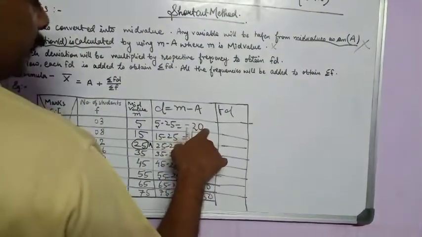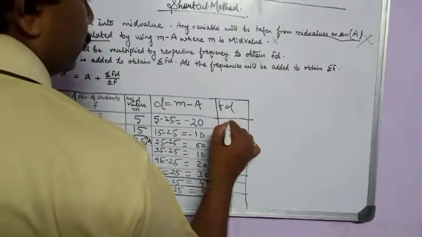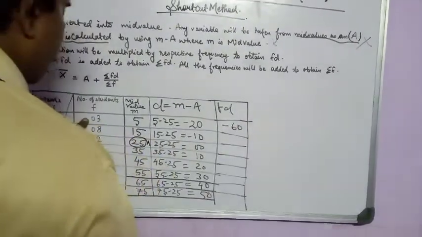So D is minus 20 and the frequency is 3, so minus 60. Clear?